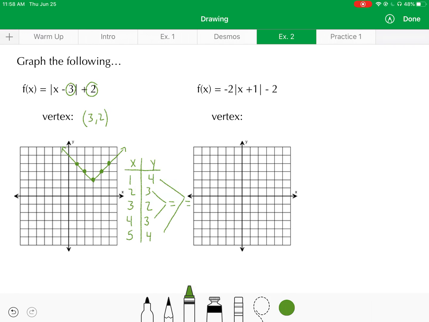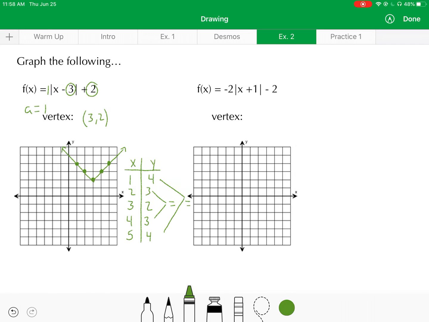I also want you to notice that as you move from the vertex to any of the other points, you're always going up 1 and right or left 1. And that's because of the fact that the a value in this particular equation is 1. Okay, I know to go up 1 from the vertex because of a being positive, and then you have to go both left and right 1 based on the nature of these being v's.